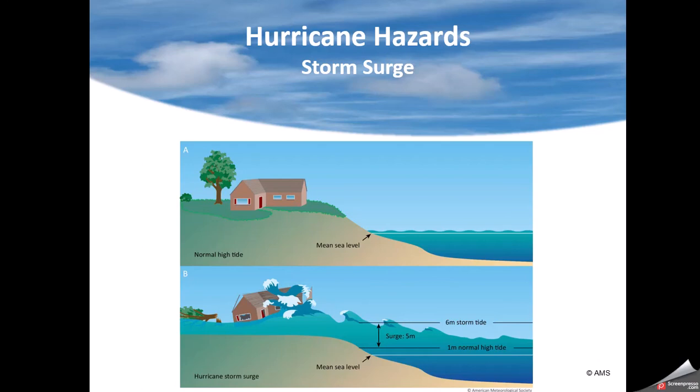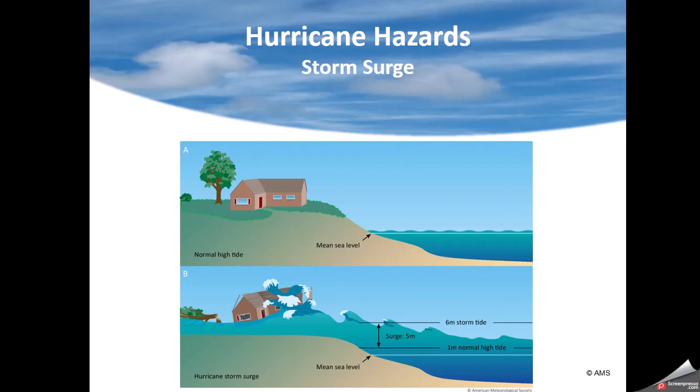The water is going to be moving in that direction. Gradually, that water is going to get higher and higher if you have stronger and stronger winds. So literally, what happens is you raise sea level. A storm surge literally can raise sea level by, here it shows 5 meters, or 15, 16 feet. Maybe even get storm tides of that much.